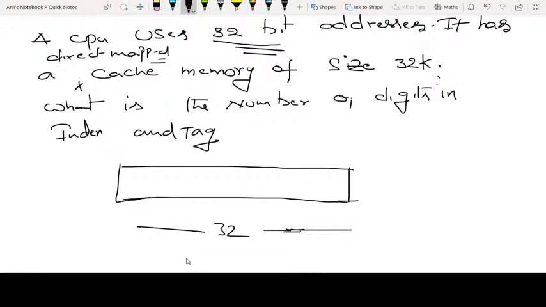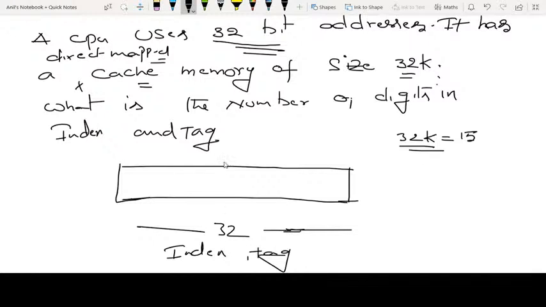Now, you know that it has to be divided into index and a tag. What is index? Index is the number of digits that are required to address cache, right? Here, what is the cache size? The cache size is equal to 32K. If it is equal to 32K, then the number of digits required to address cache is equal to 15, because 32K is equal to 2 power 15.